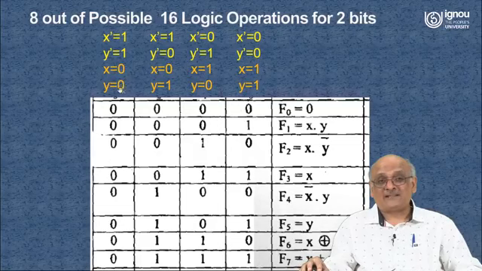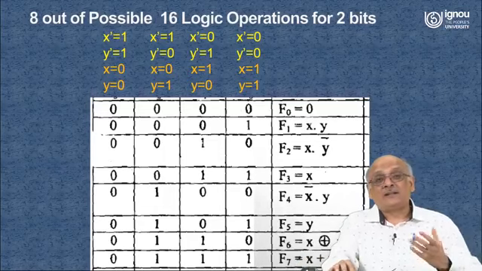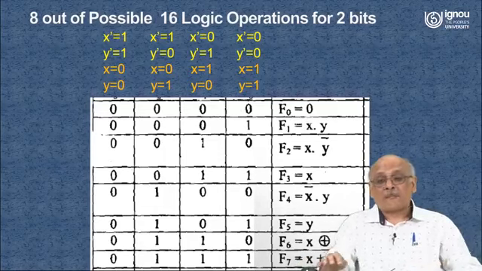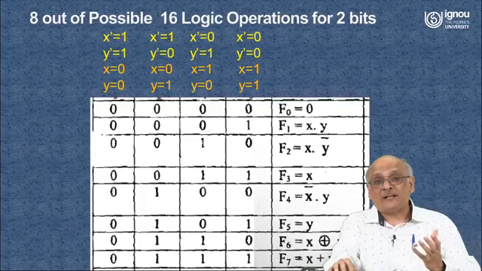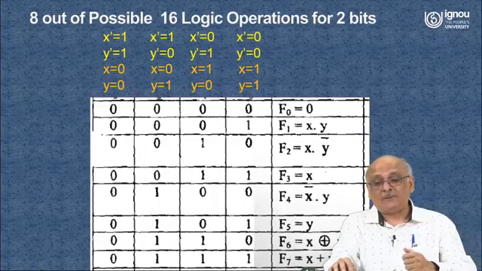You know about it: for x0, y0, the output is 0; for x0, y1, the output is 1; for x1, y0, it is 1; and for x1, y1, for XOR it should be 0. So that is an XOR operation. That's how the micro operations can be simulated.